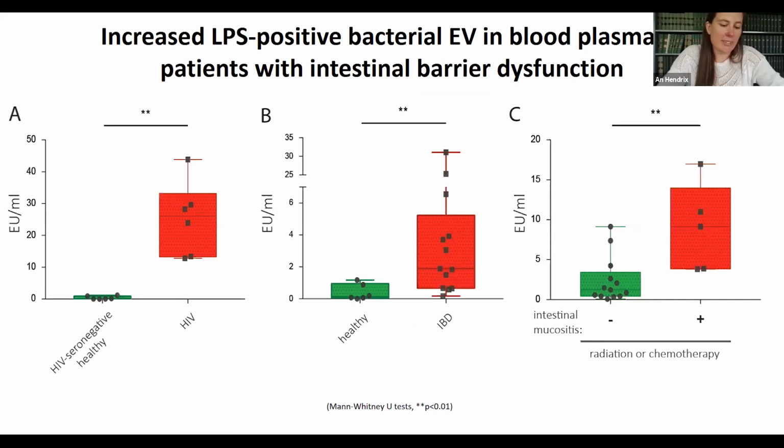To demonstrate the value of those bacterial extracellular vesicles for biomarker potential, we selected patients with intestinal barrier dysfunction compared to their respective healthy controls. The patients that we included in this study are HIV patients, inflammatory bowel disease patients, and also patients who were diagnosed with cancer and developed intestinal mucositis during their treatment course.